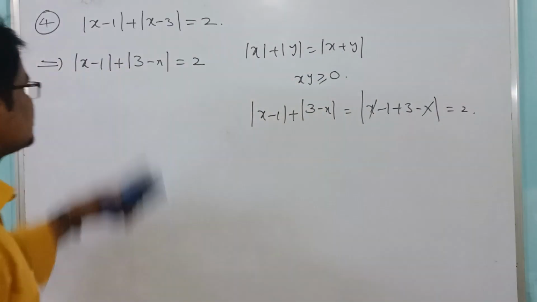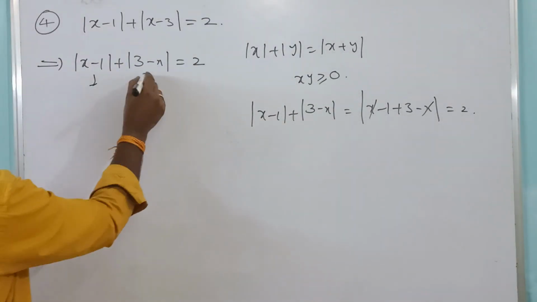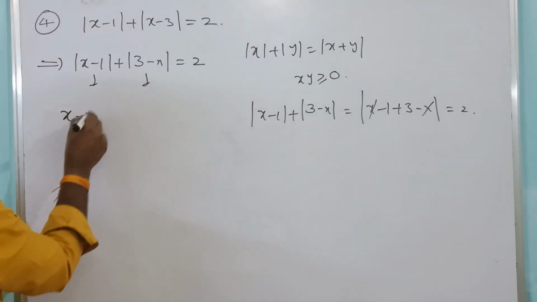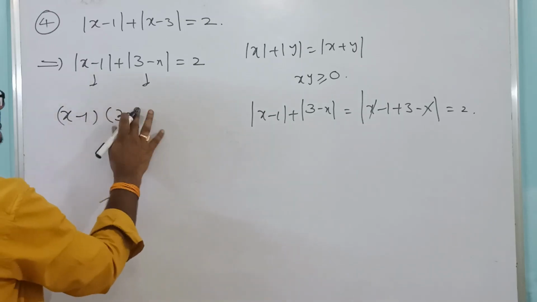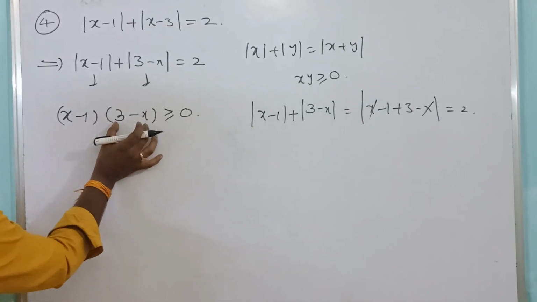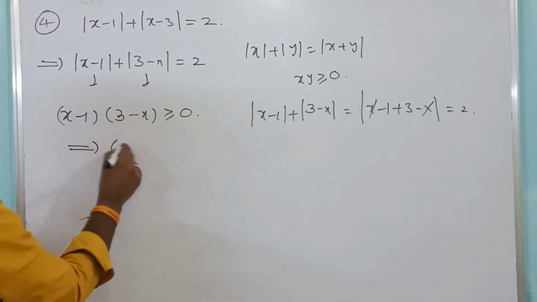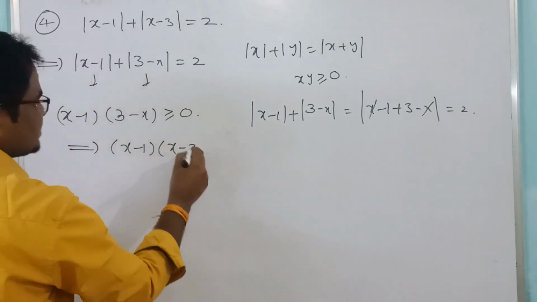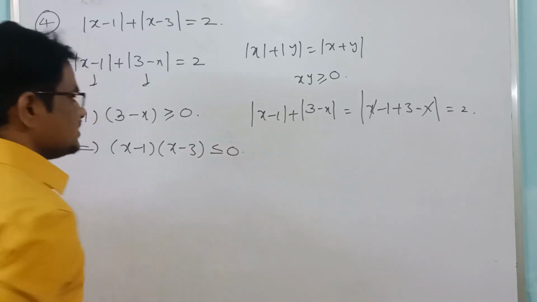It satisfies this condition. So simply you can write this as x and this as y. So (x minus 1)(3 minus x) greater than or equal to 0. Here multiply with minus, that implies (x minus 1)(x minus 3) less than or equal to 0.